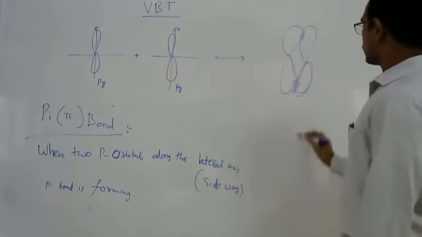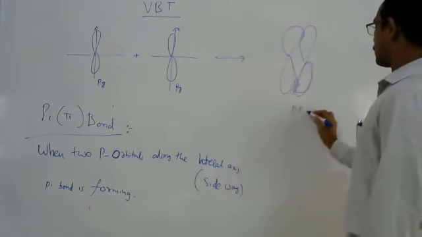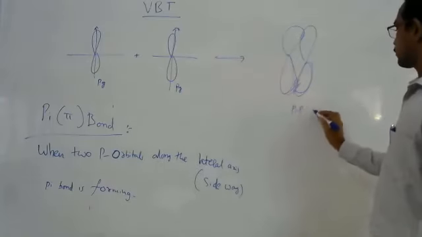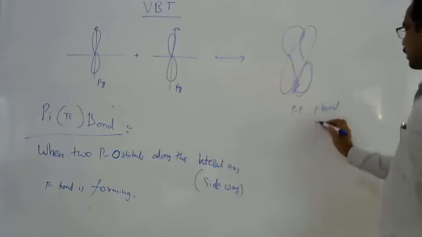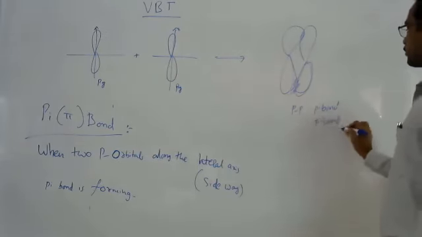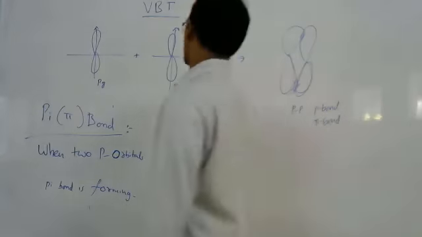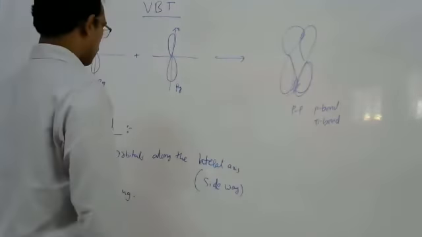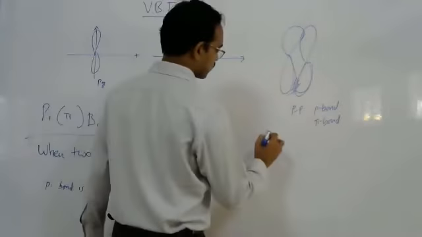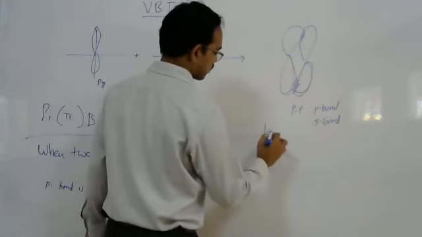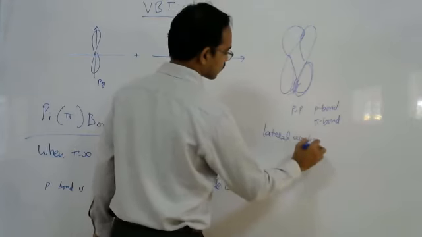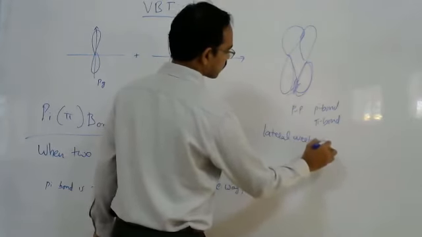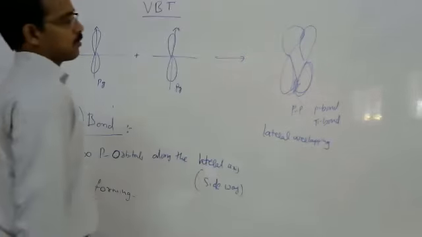Okay, this is the pp pi bond, या pi ऐसा भी लिख सकते pi bond. Lateral axis, lateral overlapping.